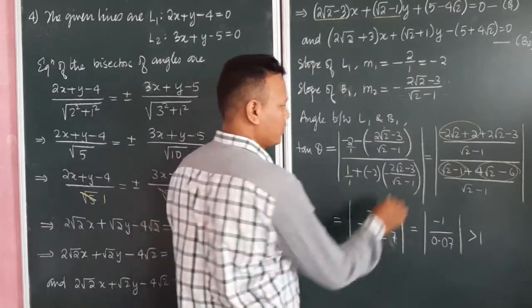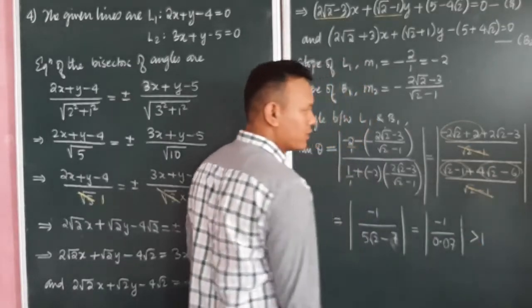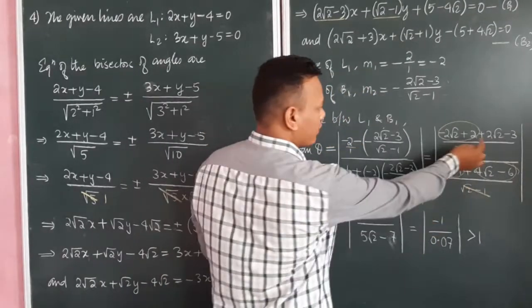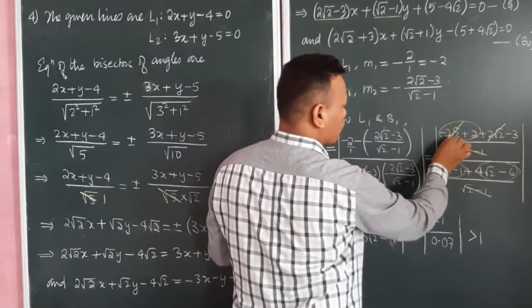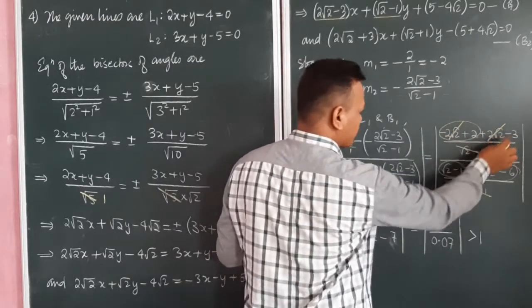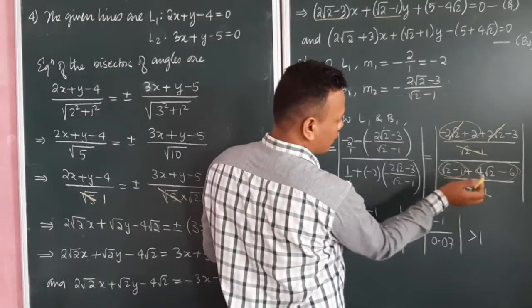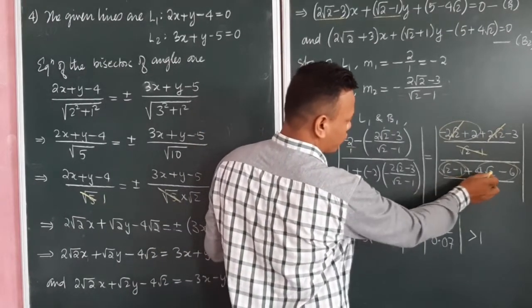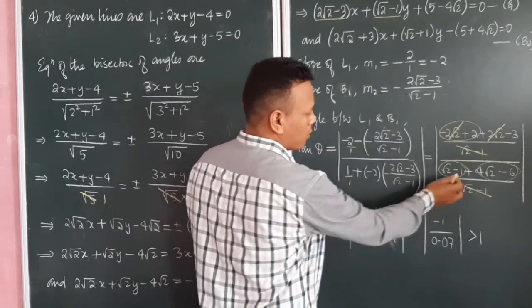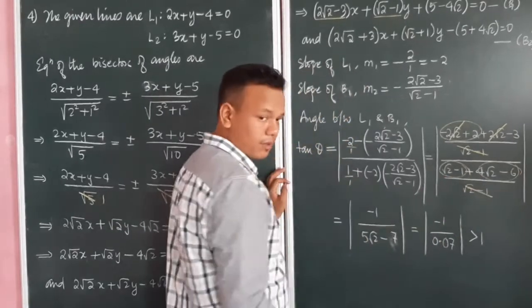Now let's simplify this. We see that this and this get cancelled. So 2 root 2 and 2 root 2 get cancelled, so we have 2 minus 3 is minus 1. Here root 2 plus 4 root 2 is 5 root 2, minus 1 minus 6 is minus 7.